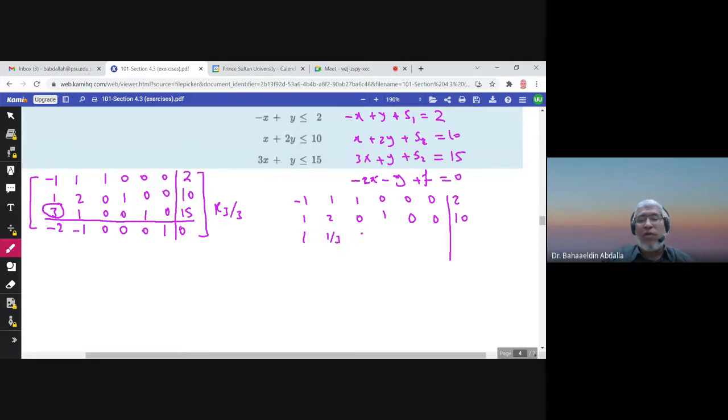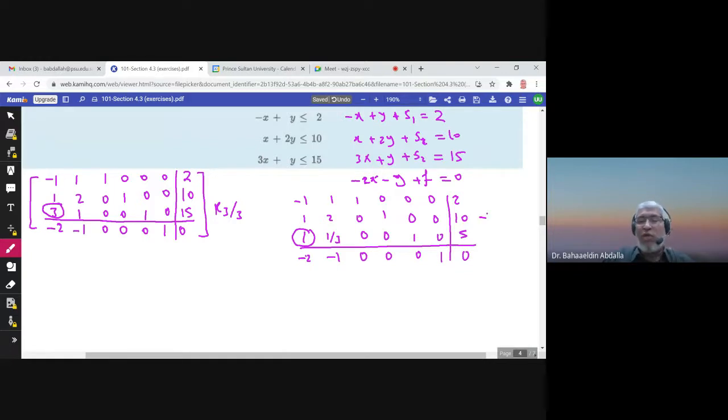Divide every element by 3. 15 divided by 3 is 5. And the last row as it is. Keep in mind that this is the pivot entry. Good. Now we use it to make all other numbers in the column 0.